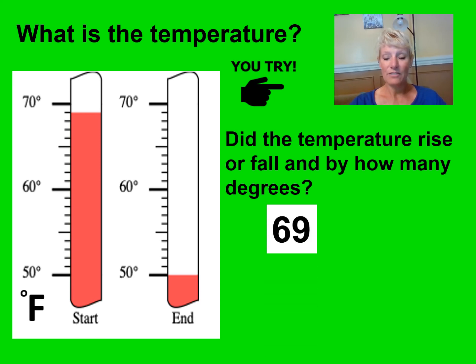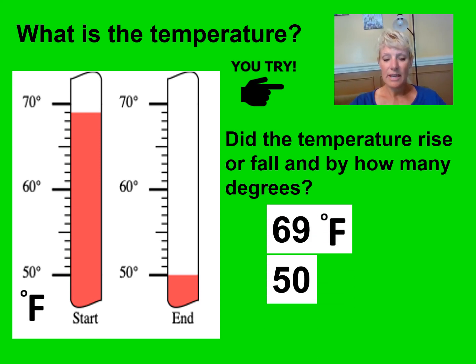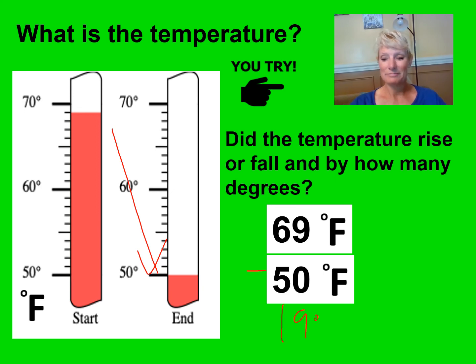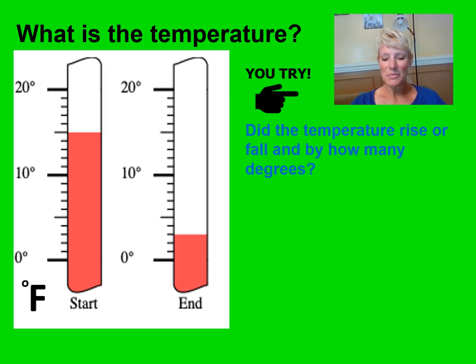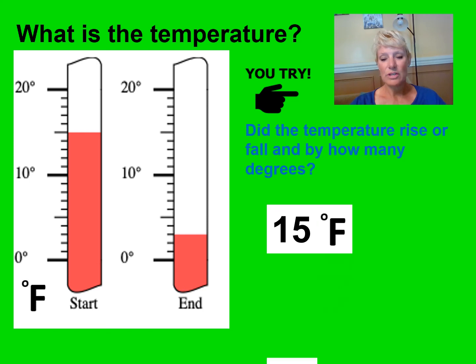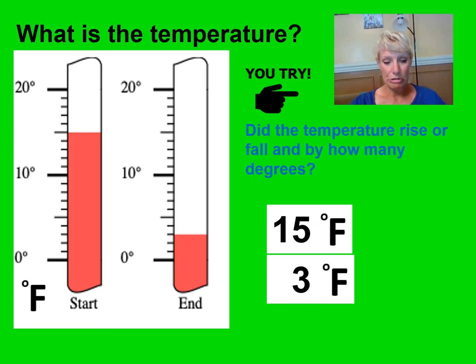Okay, I found that I had 69 degrees, and then I had 50 degrees, and I can tell that it fell, so it was warmer, got colder, and I can tell we did this by 19 degrees. Try this one. Okay, I can see that I had 15 degrees, and then I had 3 degrees, so there was quite a bit of a drop there, and to find out how much that drop is, I would subtract, so it dropped by 12 degrees.